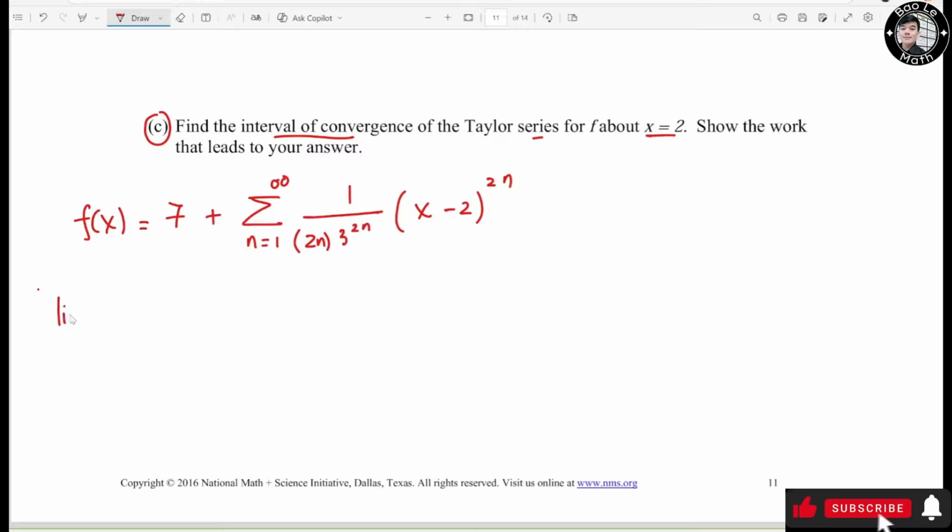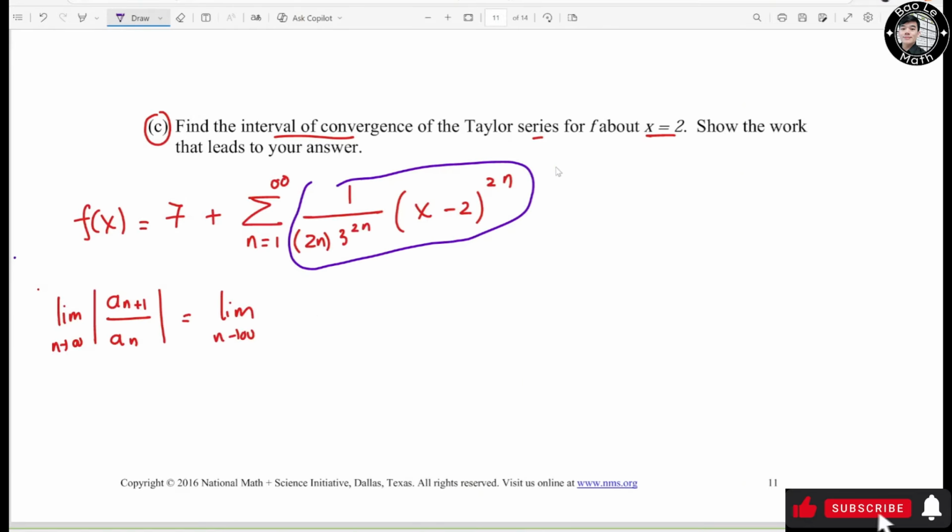So we have limit of absolute value of a sub n plus 1 over a sub n when n approaches infinity. It's going to be limit when n approaches infinity of, I'm going to let this guy right here be a sub n, right? So a sub n plus 1 is going to be, we need to multiply by this one's reciprocal, right?